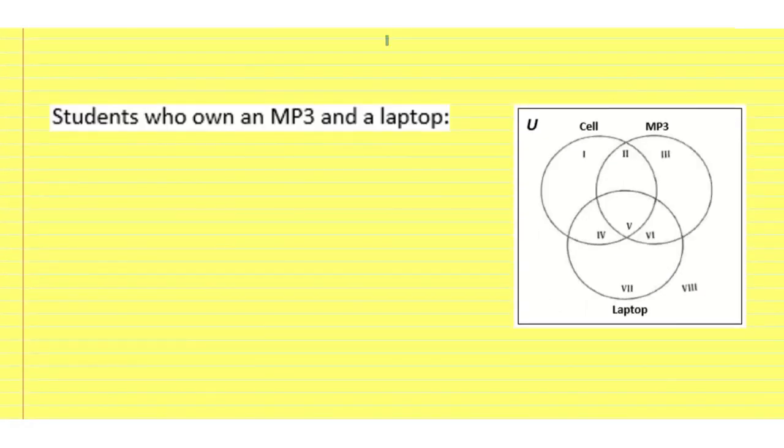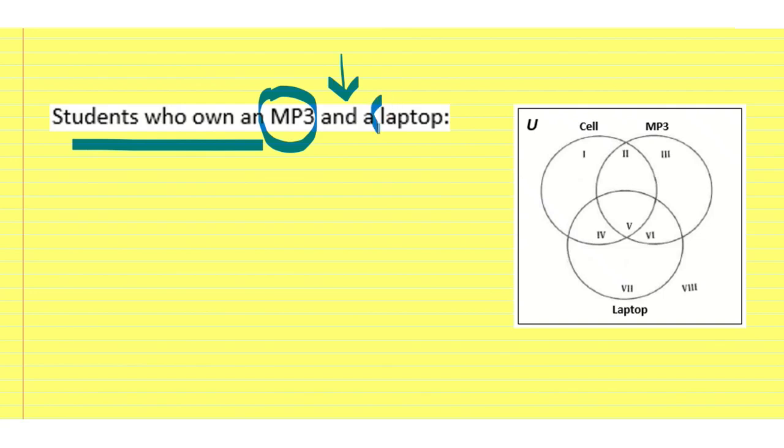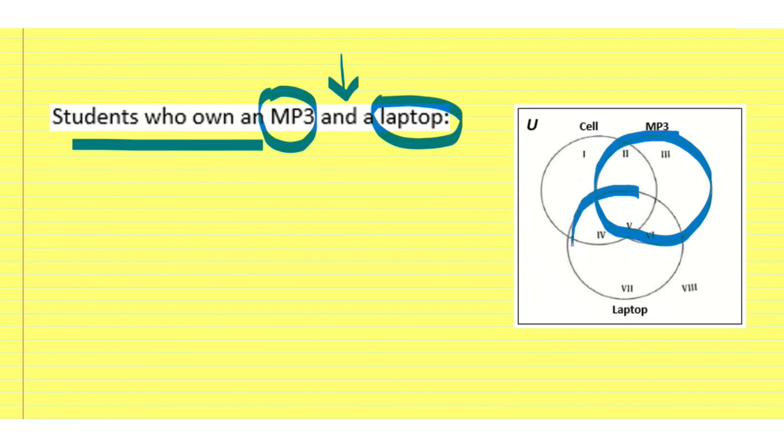Our next question says that they want us to look at students who own an MP3 player and a laptop. So again, we have to think overlap. So let's go find the MP3 player circle. MP3 circle. And I'm going to find the laptop circle, which is down here at the bottom.